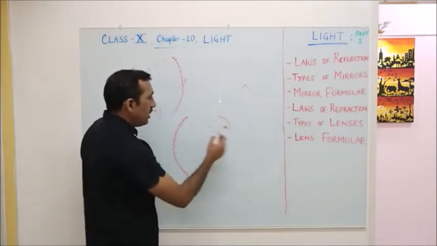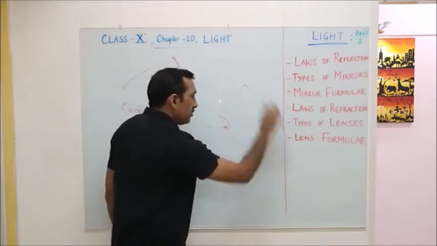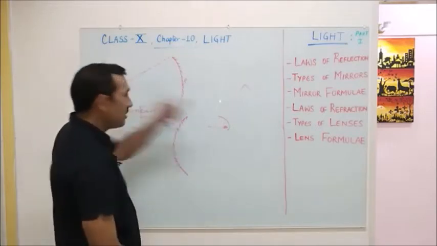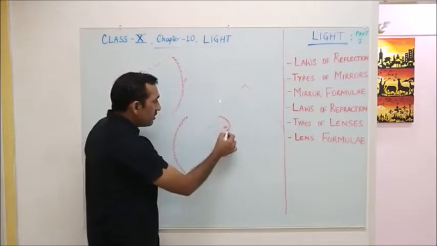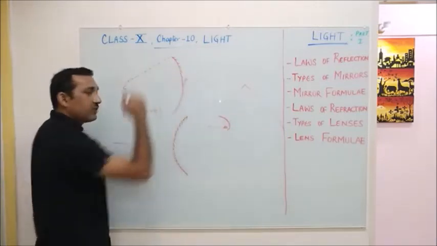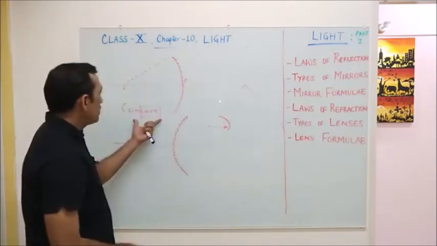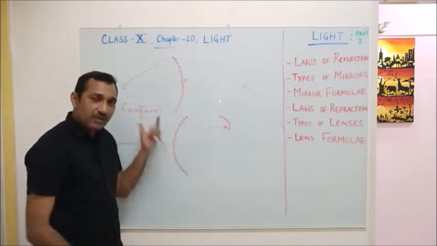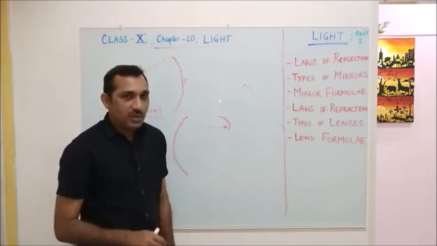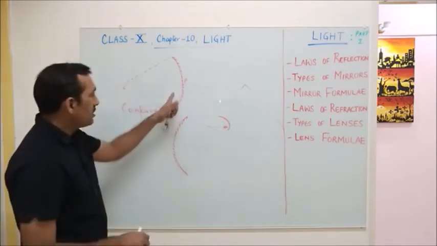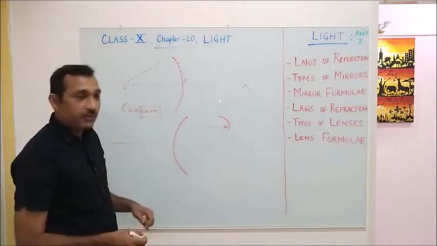And never get confused by this side of the cave, because we will always consider light coming from the left side, right? Now, this structure matches with this structure. That means this structure is a concave mirror, and the structure whatever is left is a convex mirror. So it's easy to remember. If it is looking like a cave, it is concave, otherwise it's a convex mirror, right?